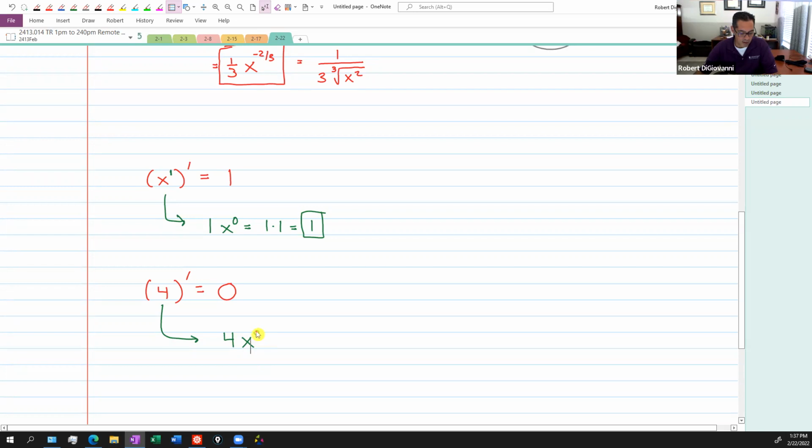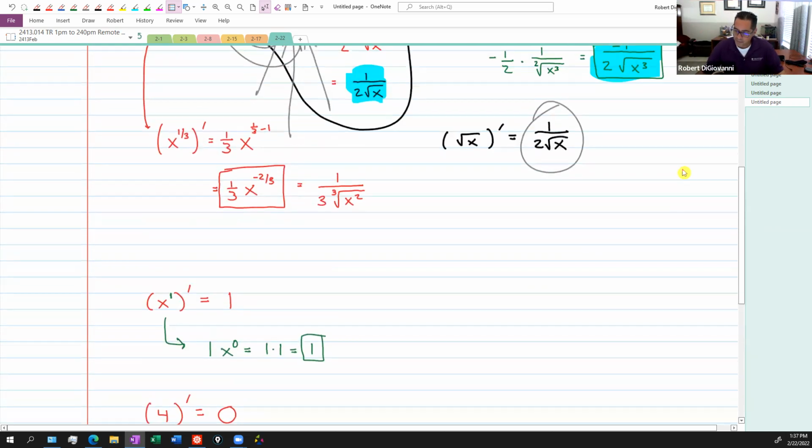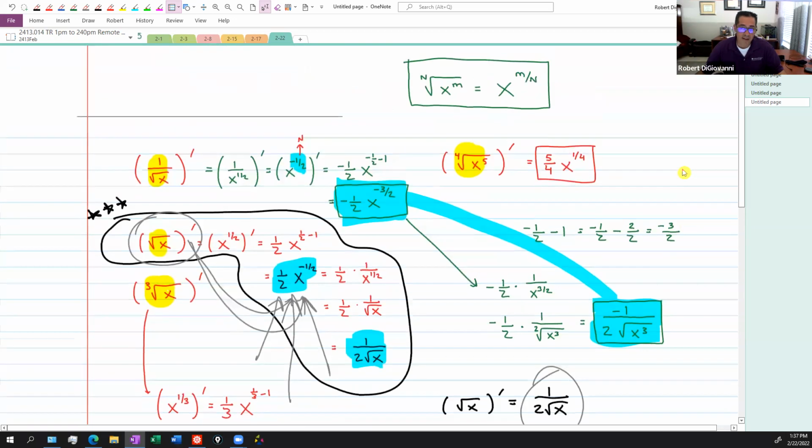Well, what comes out? 0, right? And then it just kills everything off, and so you get 0. I'm just showing you that the power rule actually could have been used on the previous 2 that I showed you. Okay, so that is the almighty power rule.